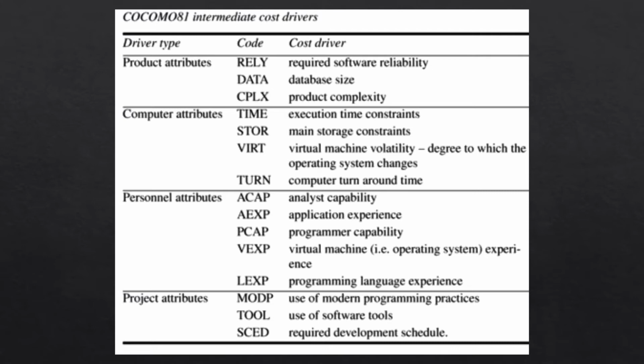In computer attributes, the cost drivers are execution time constraints, main storage constraints, virtual machine volatility, which means the degree to which the operating system changes, and computer turnaround time. There are four factors that drive the computer attributes.